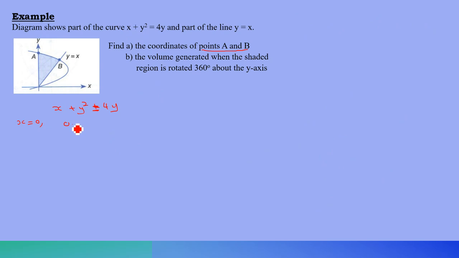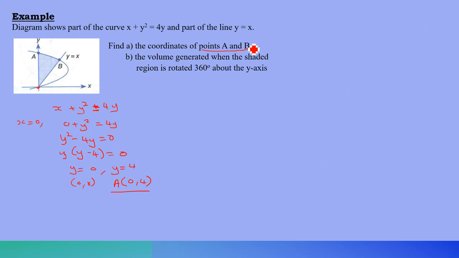So what do you get? 0 plus y squared equals 4y. So y squared minus 4y equals 0. Factorize this. So you will get y is 0 and y is 4. So (0, 0) is one point, which we can see here. And the one we are looking at is (0, 4). That is your coordinate A.